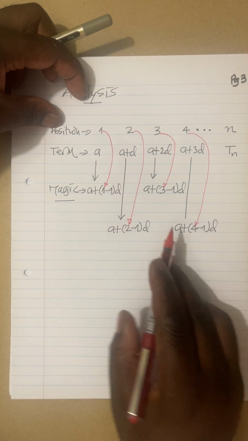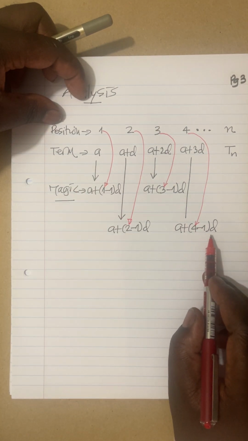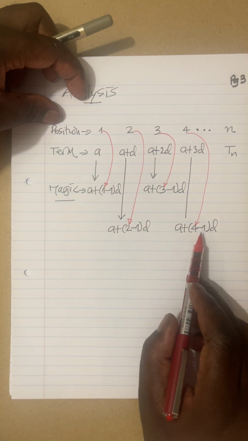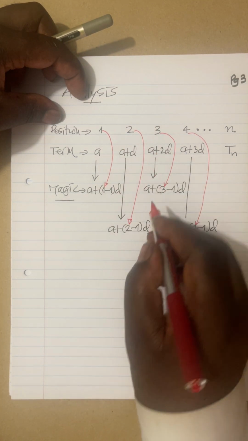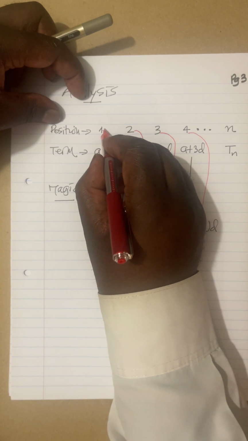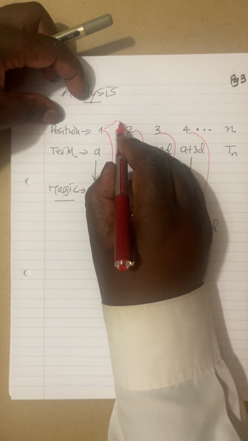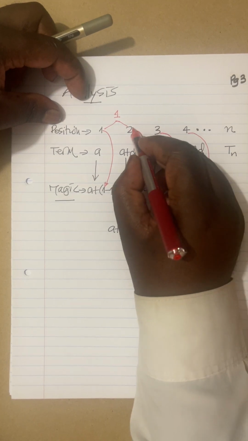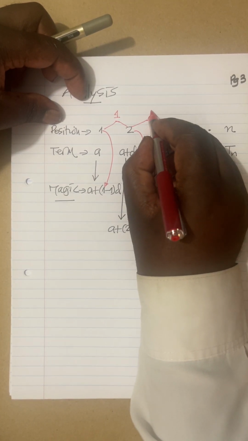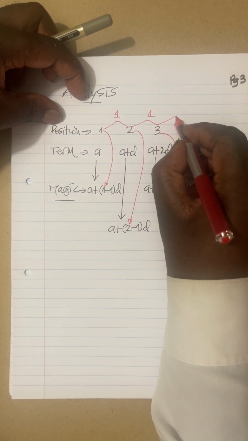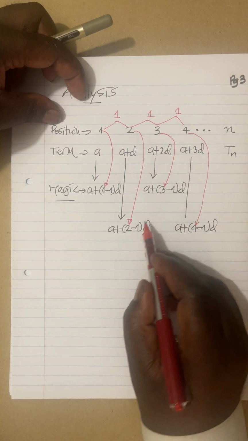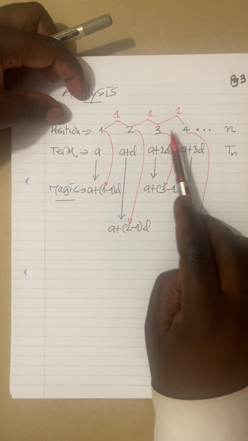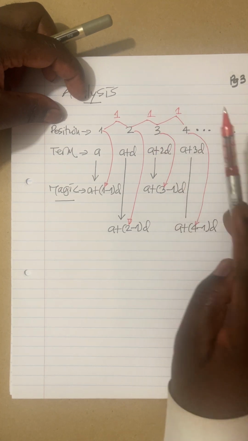We know what a is, our first term. We know what d is, our common difference. But where is this one coming from, the one that is always subtracting? The answer is that it is the difference in position. So 2 minus 1 is 1, 3 minus 2 is 1, 4 minus 3 is 1. That's why that 1 must appear everywhere: we're talking about consecutive positions, so the difference in positions is always 1.